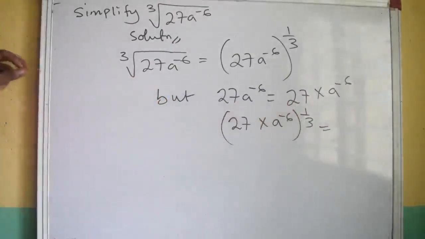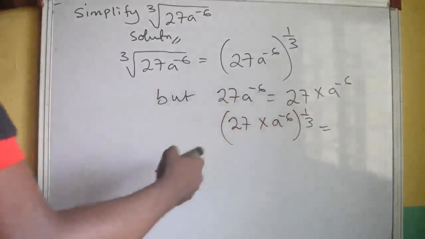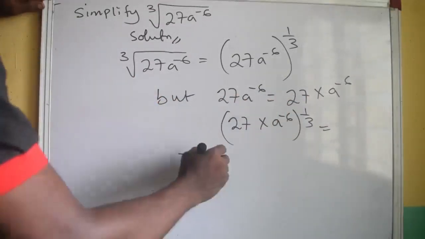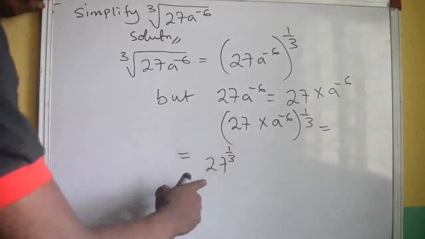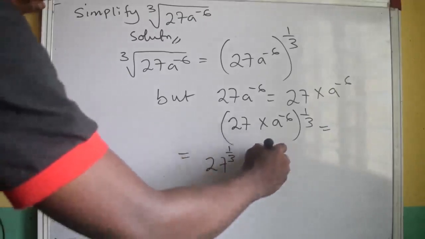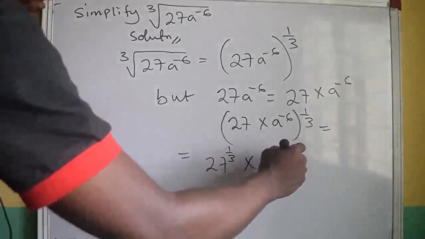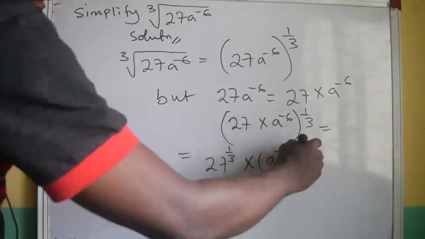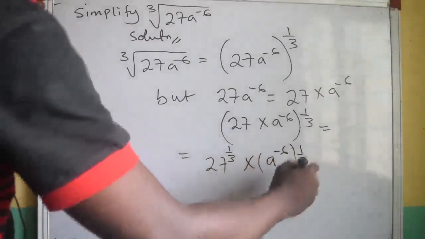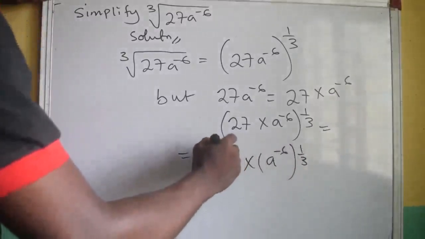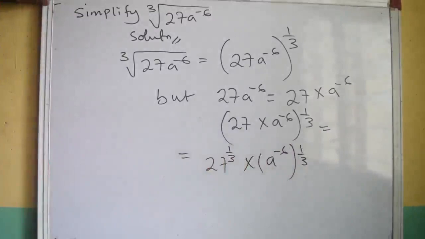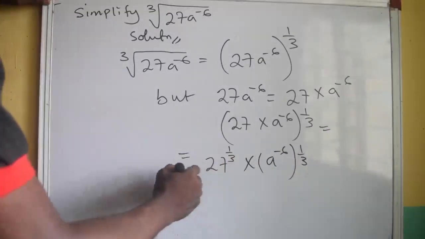So when you take this guy, it will be 27 all raised to power 1/3 multiplied by a raised to power -6, all raised to power 1/3. I have to put bracket to separate this. I can as well put bracket here if I wish.